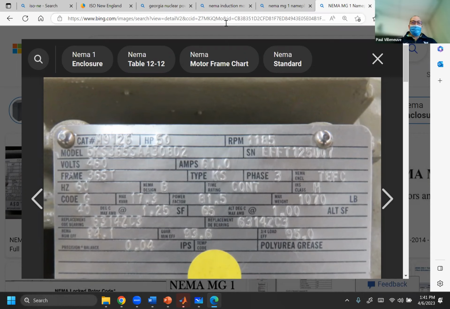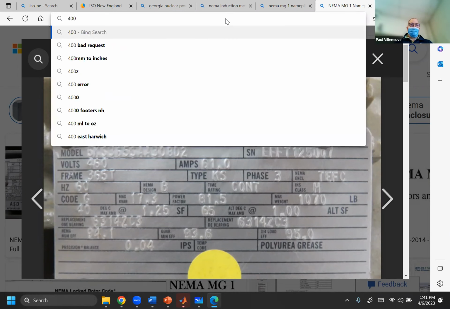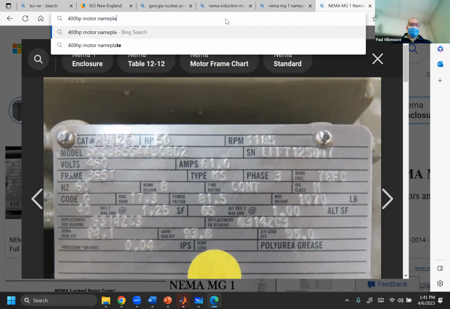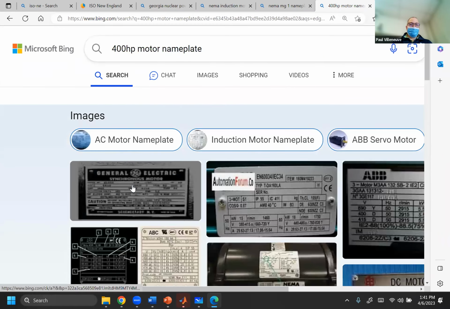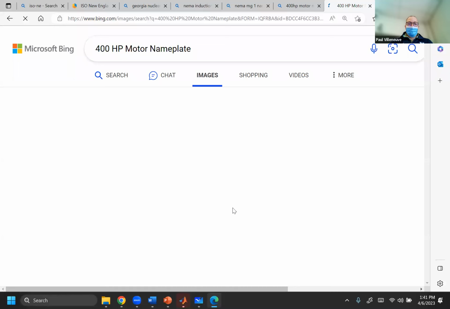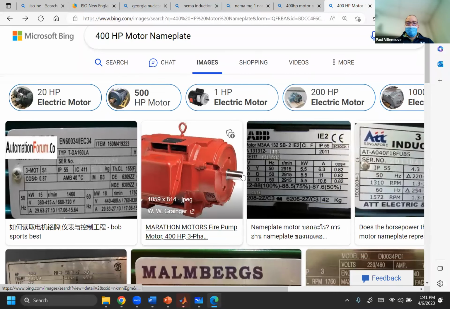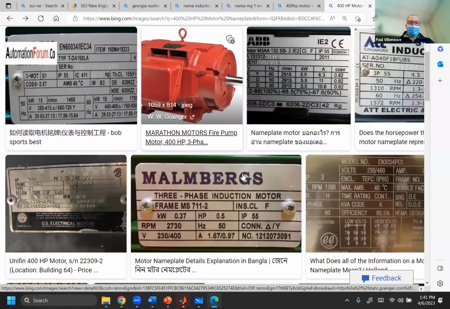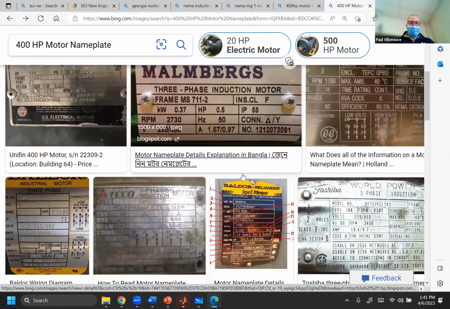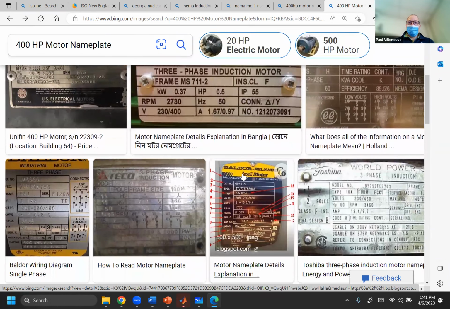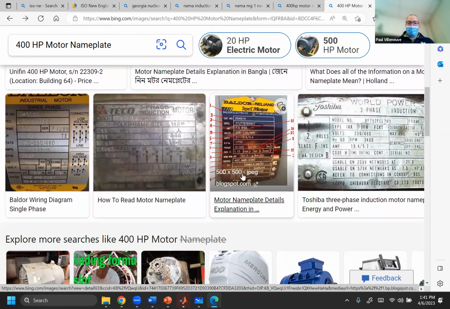So let's look at 400 horsepower and see the motor nameplate. Let's see if this one's any good. And no, this is kilowatts. Small ones. I don't know if we're going to be able to find one.